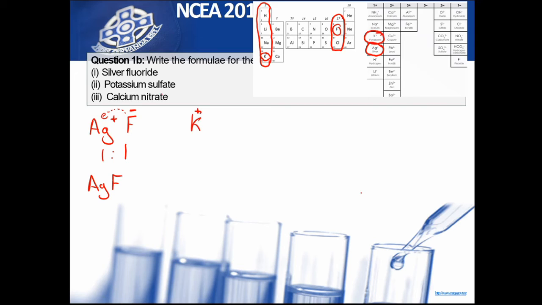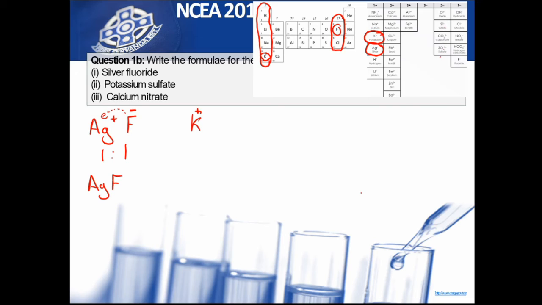And sulfate. I wonder what sulfate is. Let's look. Now, when it's a sulfide, it's not a polyatomic. But when it's an ate, it's a polyatomic.